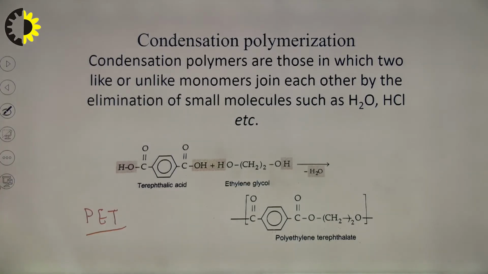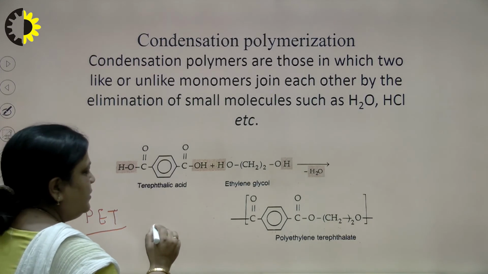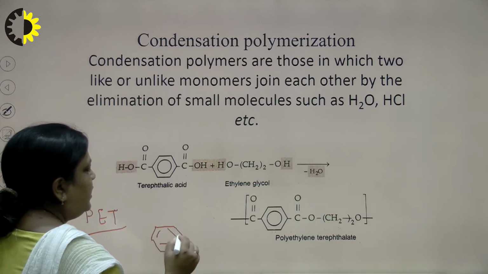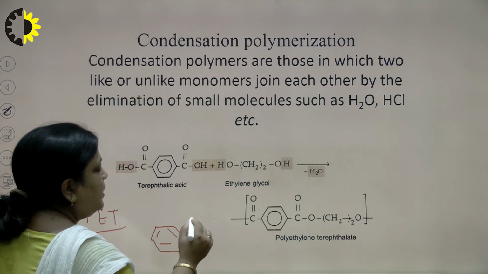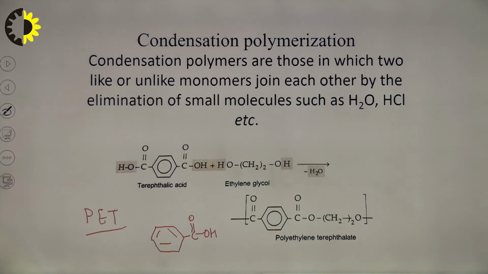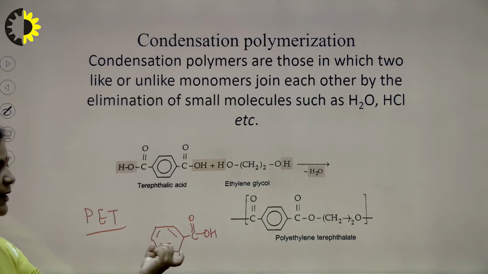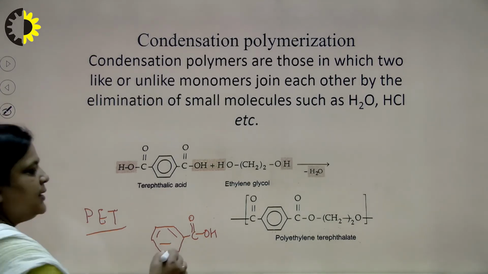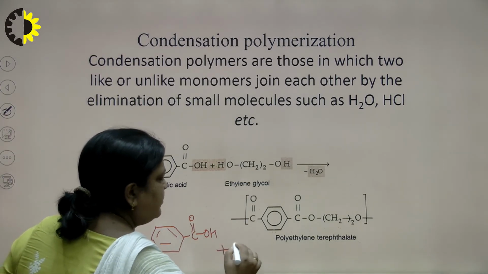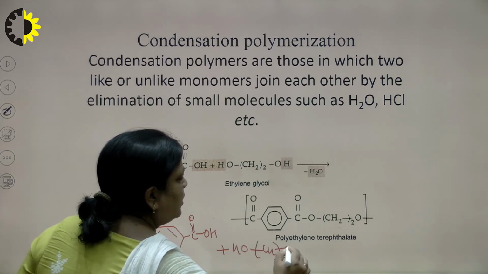Suppose instead of terephthalic acid, the examiner asks you to draw the structure of the condensation polymer of this, and you forget the second COOH group, so only benzoic acid plus, suppose, the same alcohol.